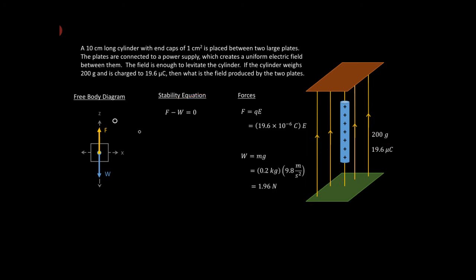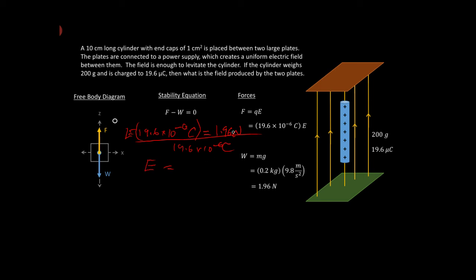So we have 19.6 times 10 to the minus 6 coulombs, times that electric field that we want, is equal to 1.96 newtons. So then we have to divide 19.6 times 10 to the minus 6 coulombs from both sides.